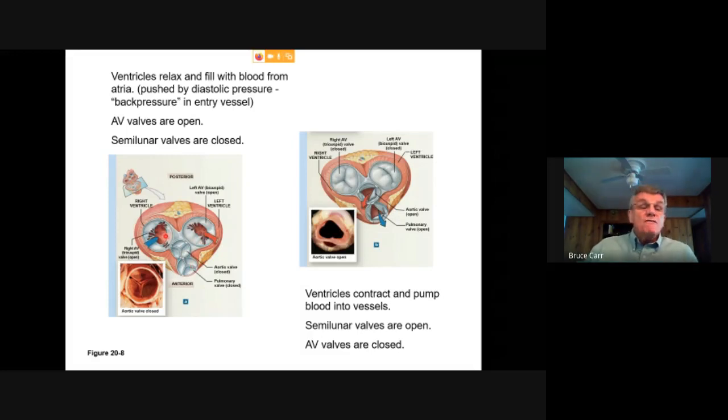The valves are made of very tough, flexible material. And because it's a cellular structure, all living things are made of cells, this can be grown and renewed through life. We do have late life valve problems in many hearts, but in general, this is a very robust structure.